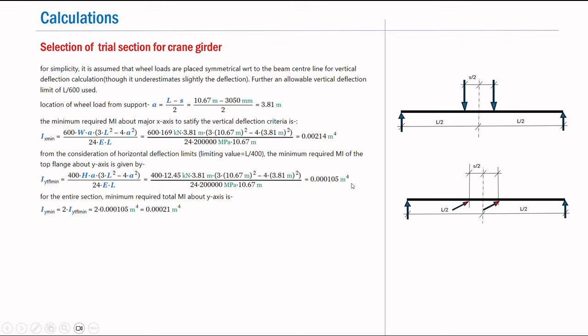Remember, this is the minimum MI requirement for the top flange. Accordingly, for the entire beam section, we evaluate the minimum requirement of the total MI about the minor axis as 2 times this value, and this works out to be 0.00021 meter raised to 4. So we have now in our hand the minimum requirement of the moment of inertia about both the major as well as the minor axis.